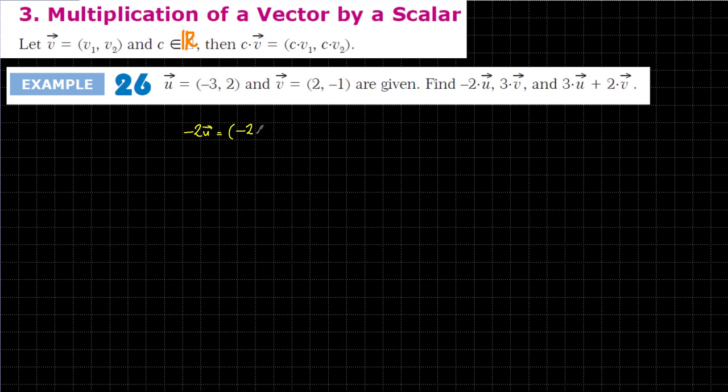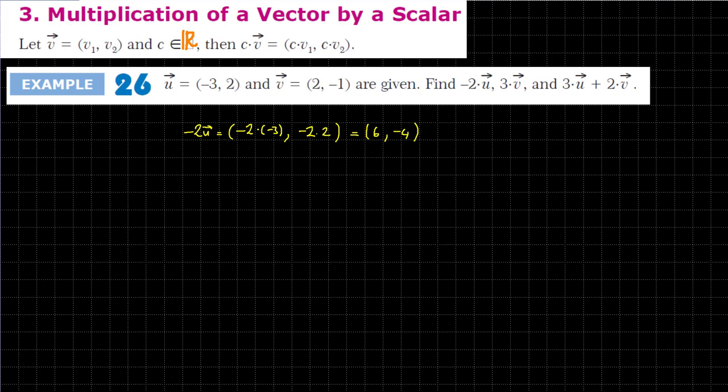So it's minus 2 times minus 3, which is 6, and minus 2 times 2, which is minus 4.